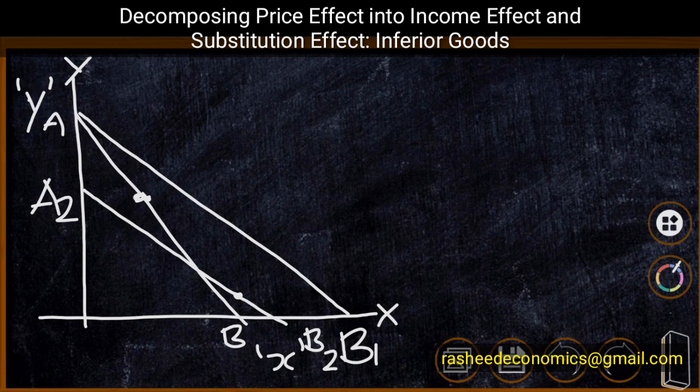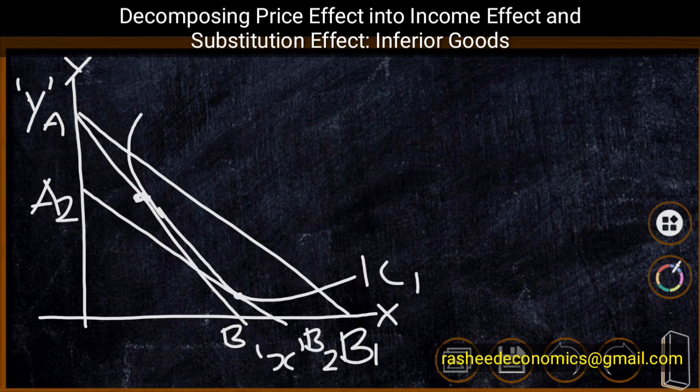We need to consider that the amount of satisfaction that a consumer was deriving when he is consuming on AB must be equal to the point on A2B2. Therefore, we should have a common indifference curve in between AB and A2B2, and we can draw it like this, and we are having an indifference curve 1.